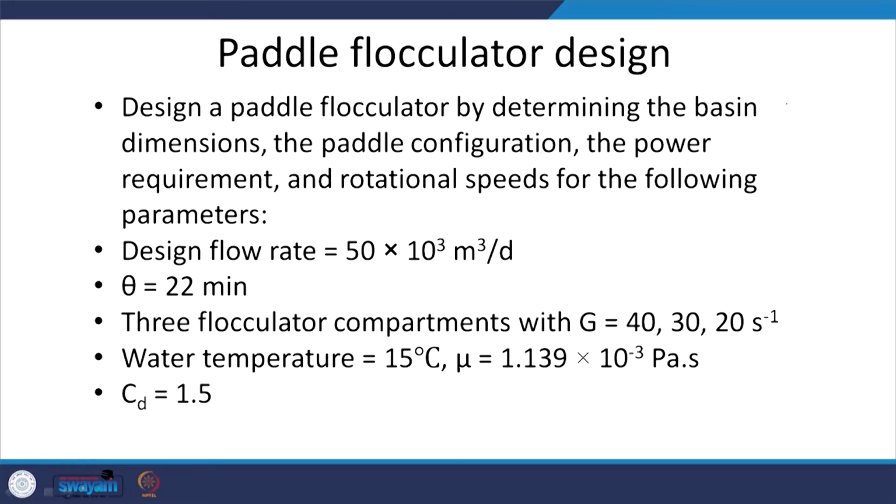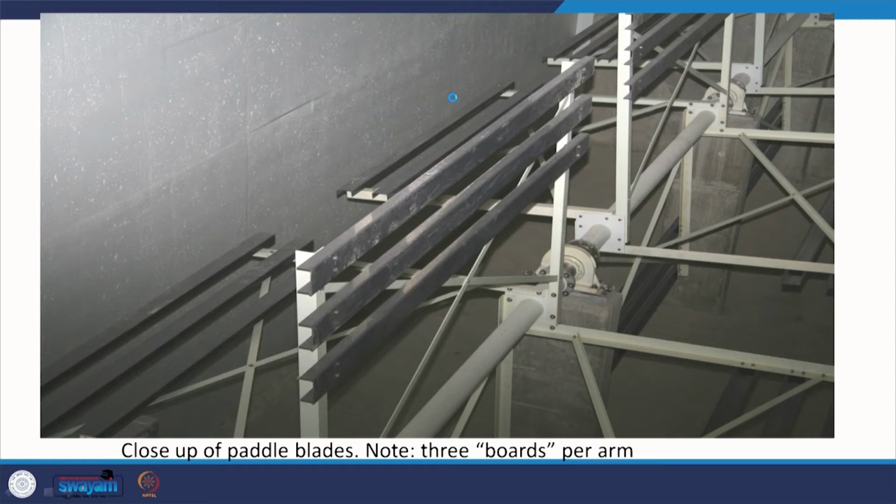We were designing a paddle flocculator. Paddle, what are we talking about? These are paddle flocculators. Obviously, we will have to look at aspects such as the spacing between each paddle, the width, the length, spacing from the paddles to the wall, and spacing from the paddles to the bottom.